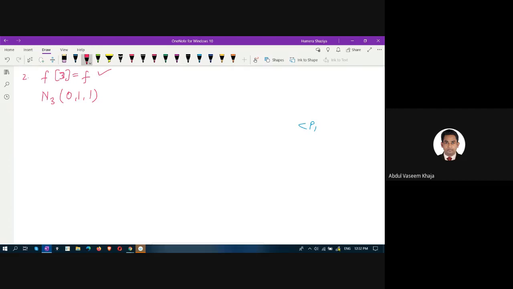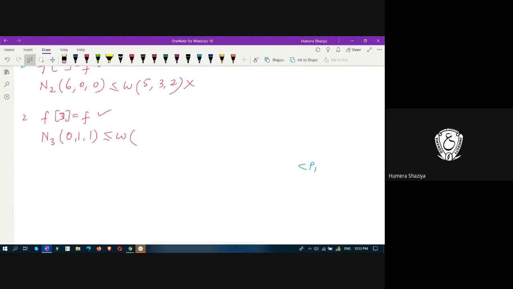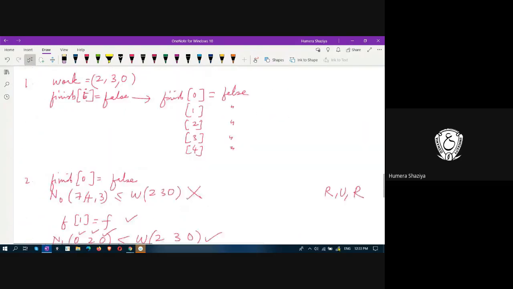Okay, so for P3, what is work? Work is 5, 3, 2. So this is true. Because it is true, now whatever is allocated to P3, what was allocated? Again, we have to check here.